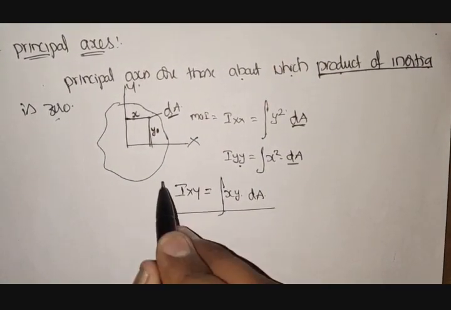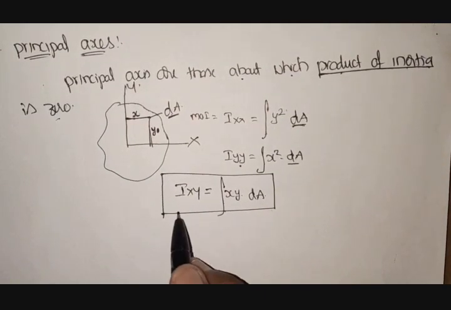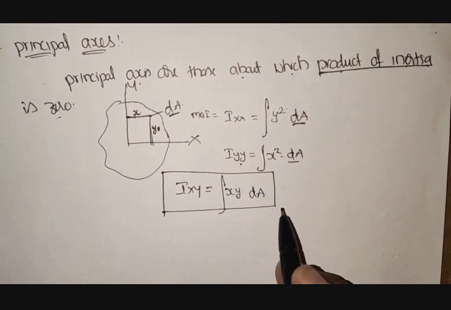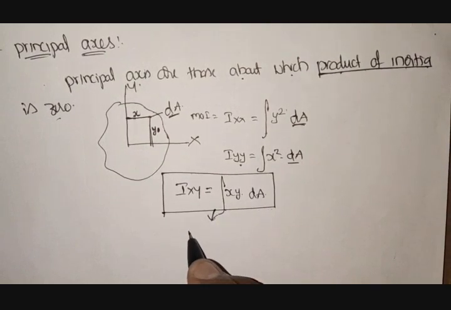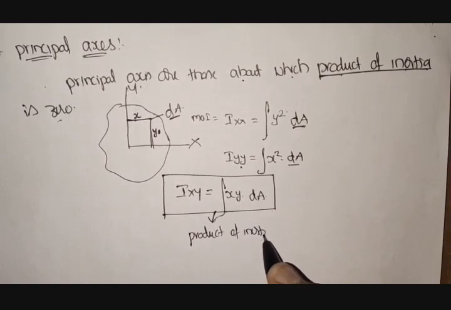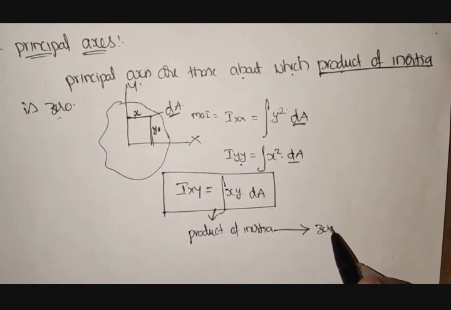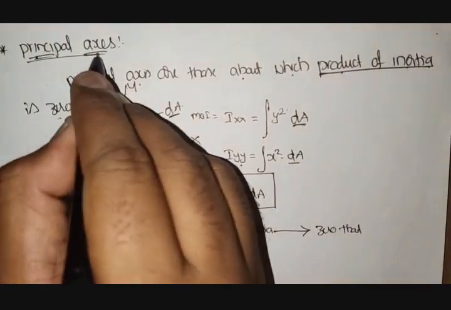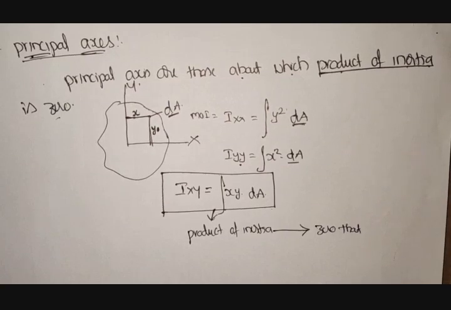So this is known as the product of inertia, Ixy equals the integral of xy dA. The axis at which this product of inertia becomes 0 is known as the principal axis.